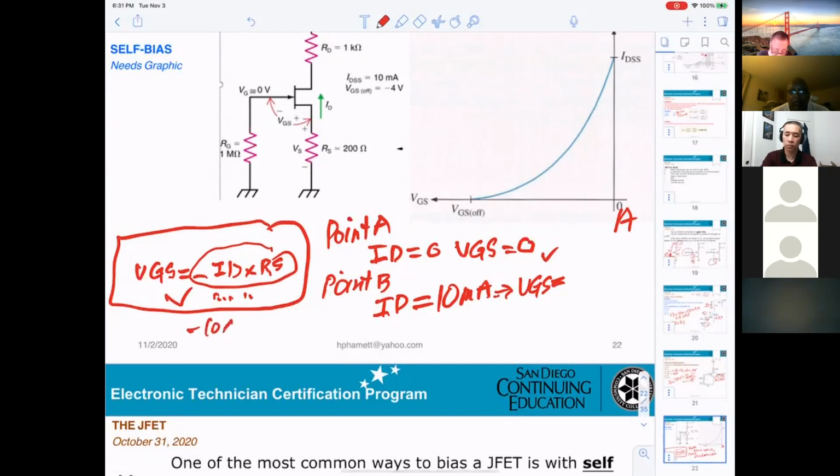Yes, RS equals 100 ohm. That means 0.2 kilo ohm. Since you multiply milliamps with the resistance, you have to convert the resistor to kilo ohm. Then you get VGS equals minus 2. Is it right? Yes.